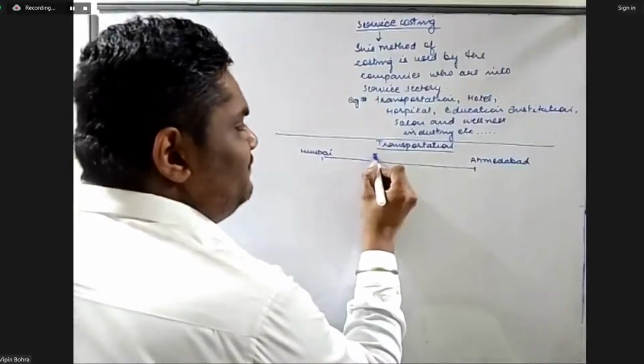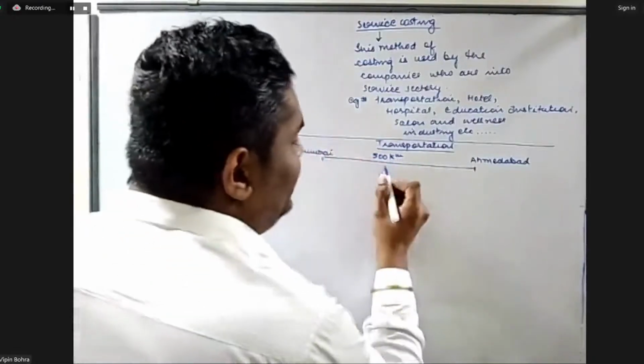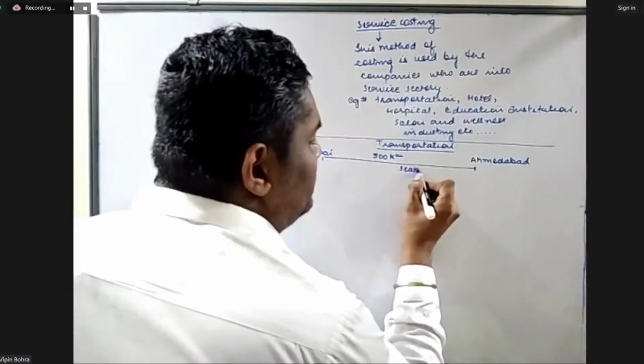The distance is 500 kilometers and the seating capacity of the bus is 50 passengers.